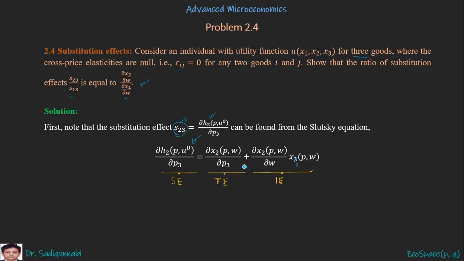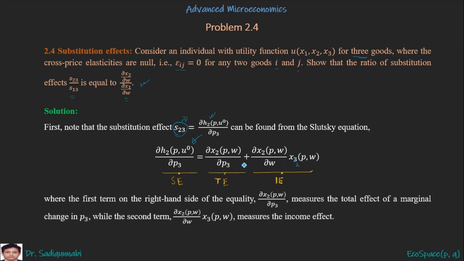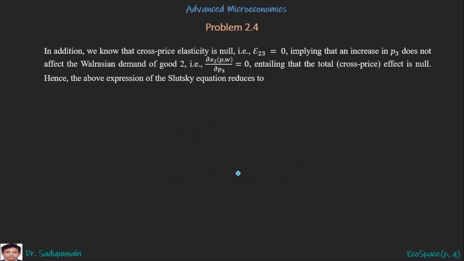Note that this term is called substitution effect. This term in the Slutsky equation is called total effect, and this term is called income effect, because this is actually in the wealth or income. And we know from the problem that the cross price elasticity is equal to 0.